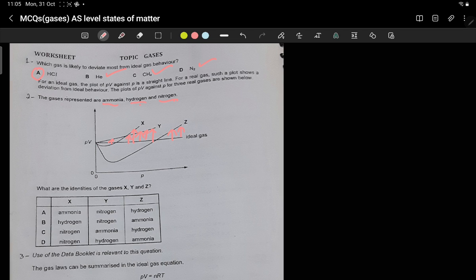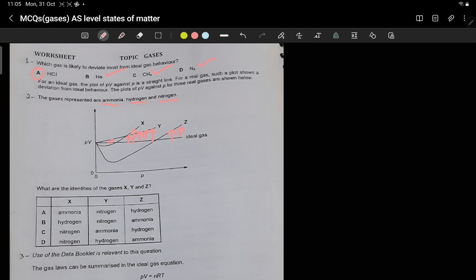So Y shows positive deviation while Z shows negative deviation, and this one is the most deviated from ideal behavior.